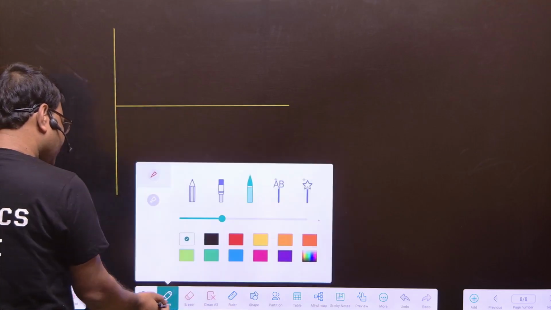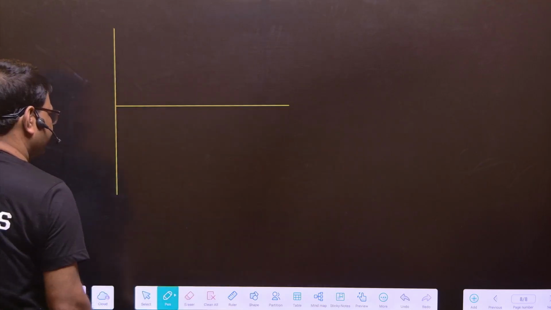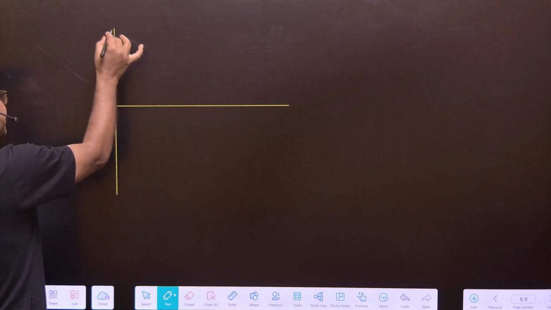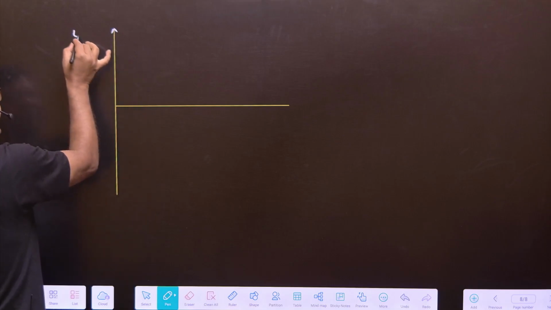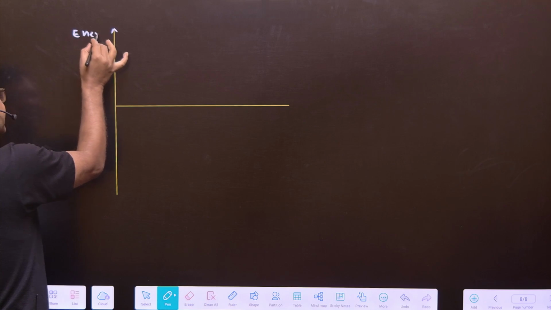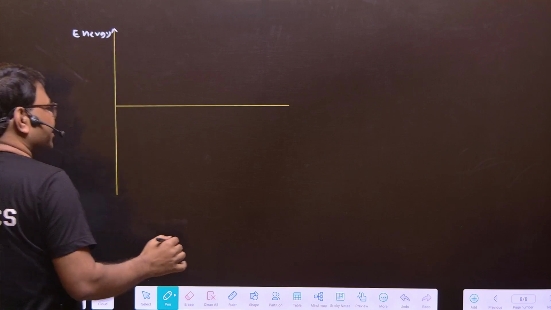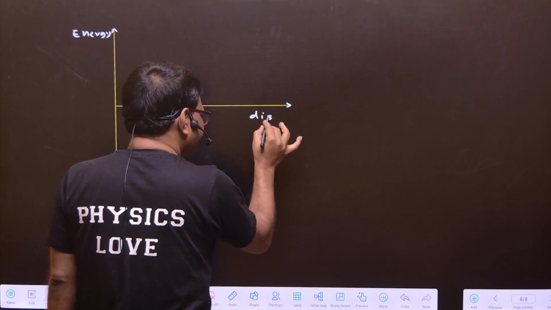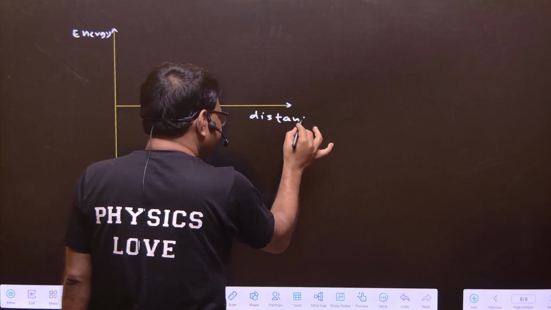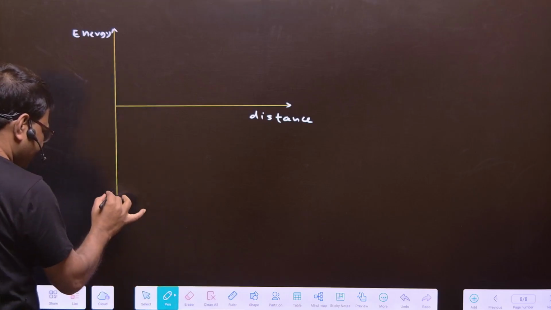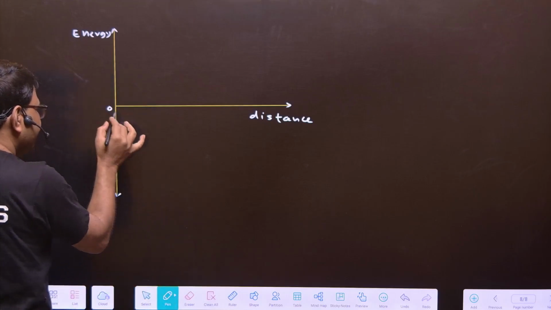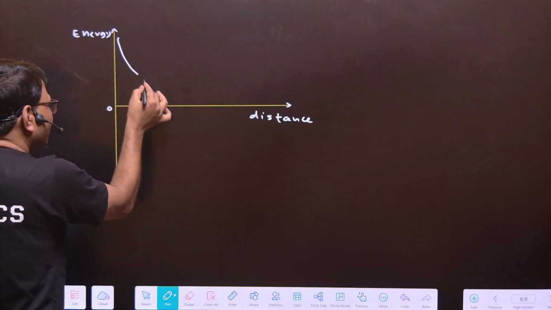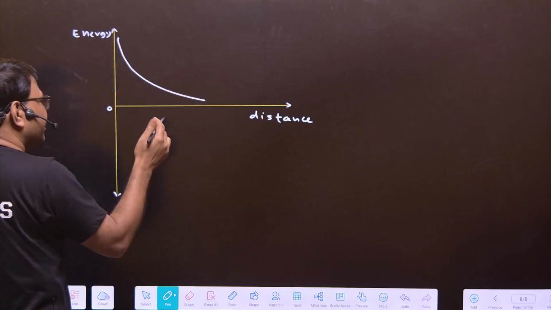The y-axis represents energy and the x-axis represents distance. This is the origin. Kinetic energy is always positive, so this is the kinetic energy graph.